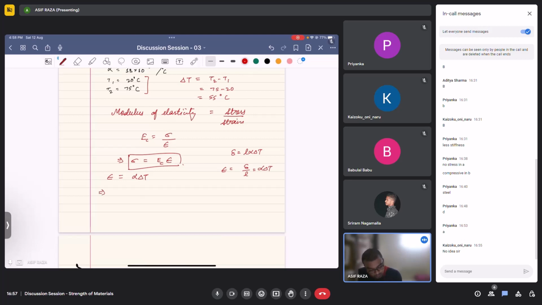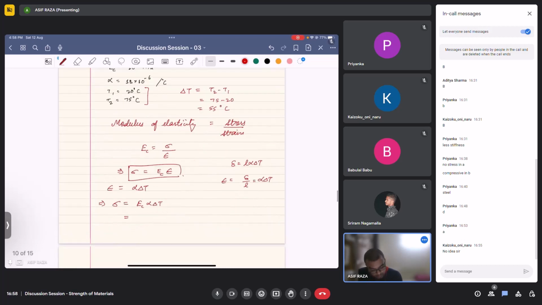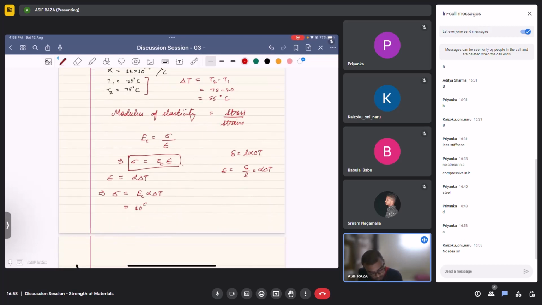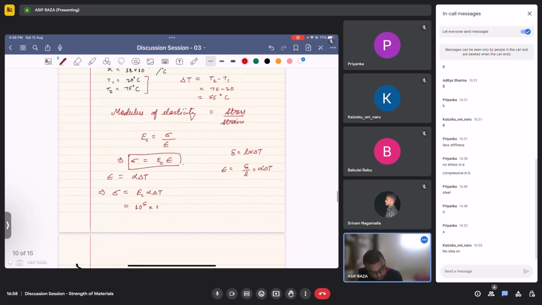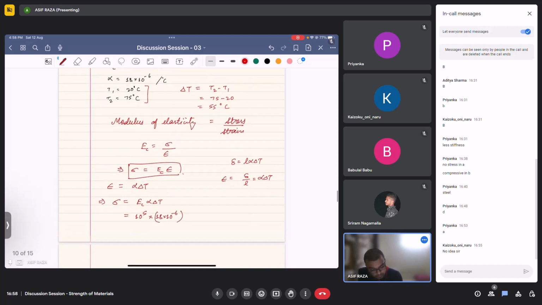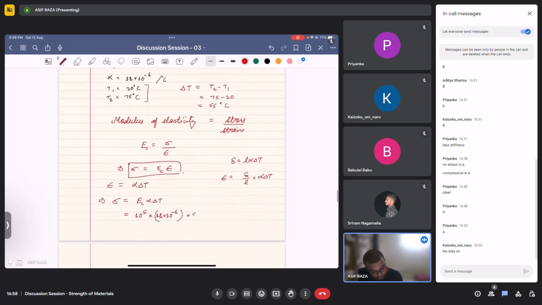So the stress present in the system, sigma, would be equal to E times alpha delta T. E is given as 10 to the power 5 MPa, alpha is 18 into 10 to the power minus 6, and delta T is 55.